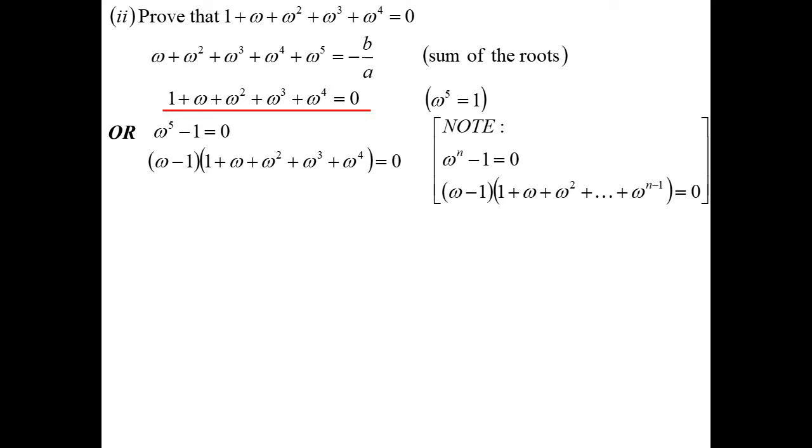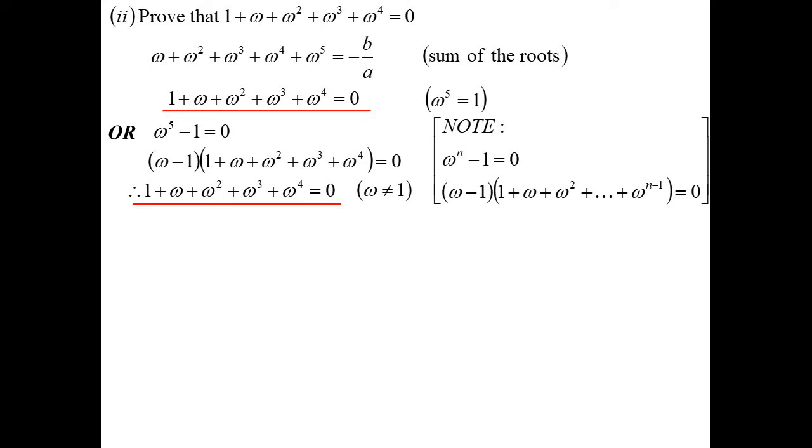Well, all right, we want to solve this equation, but we know omega is not 1, because we said it was a complex one. So it's not the solution omega equals 1. So therefore it must be the other one that's 0. So 1 plus omega and so on must equal 0.